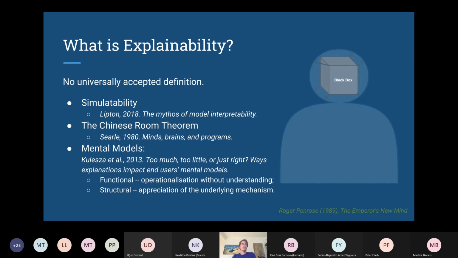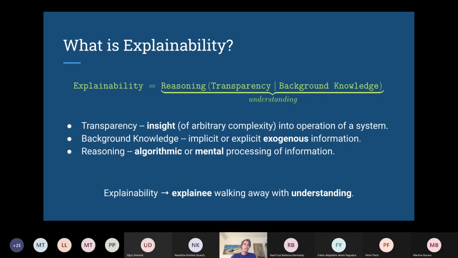So these are two opposing mental models that kind of resemble the simulatability in terms of functional and structural and more in-depth understanding. There is a really good book by Roger Penrose from the late 80s called The Emperor's New Mind. And in this book, Roger Penrose explores these sorts of concepts in terms of artificial intelligence. And as you can see, more recently, these concepts have been rediscovered in explainability. But regardless of all of that, this doesn't really give you any precise definition.